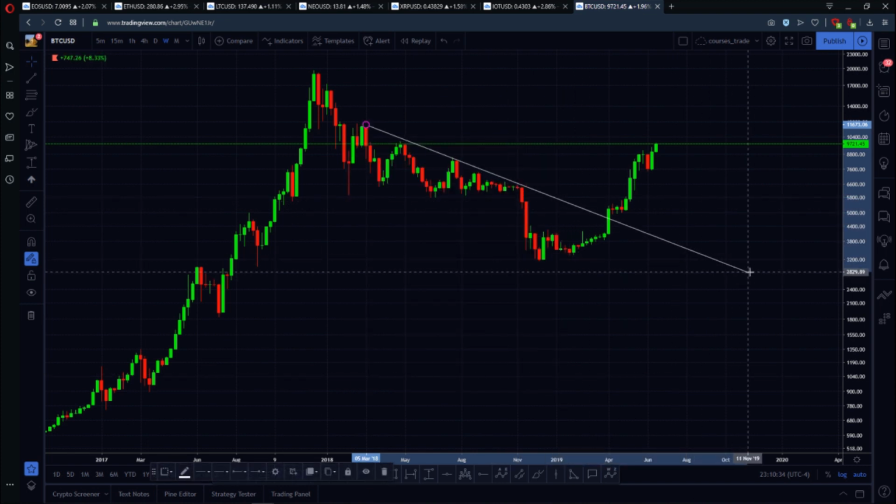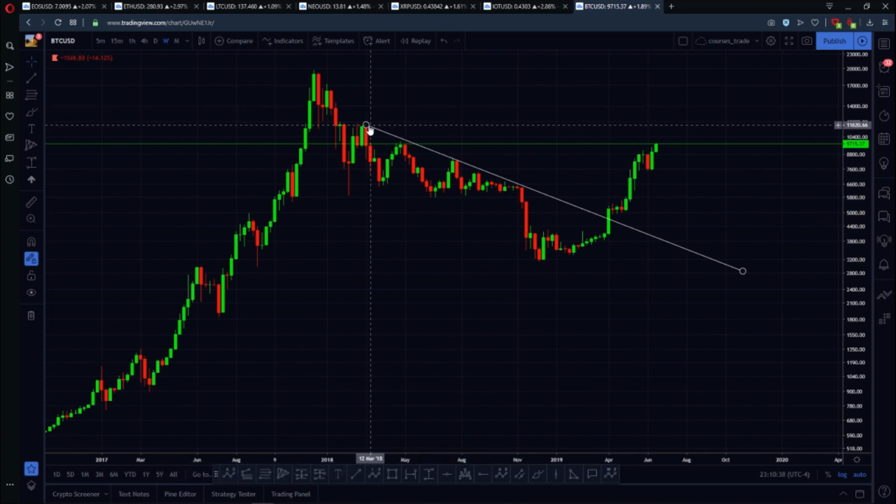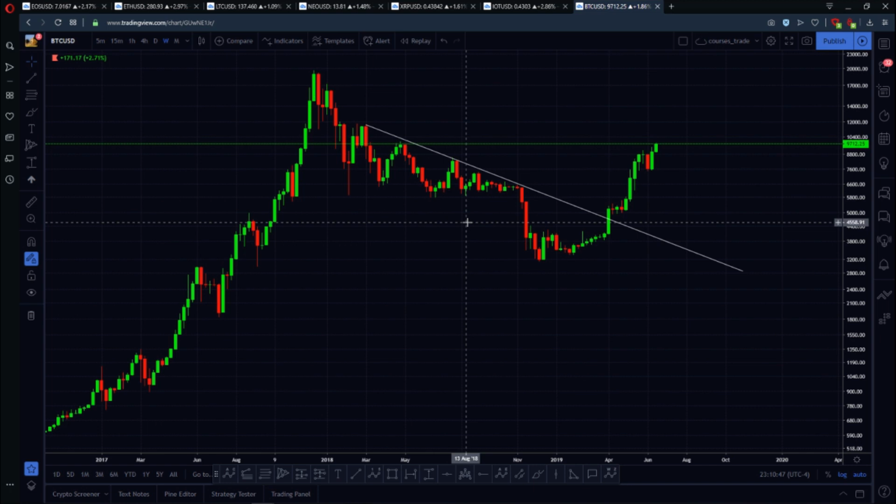We don't need that now. So that's the weekly time frame, and that's a trend line that is more than 1 year old.